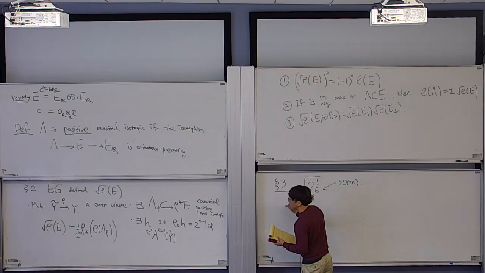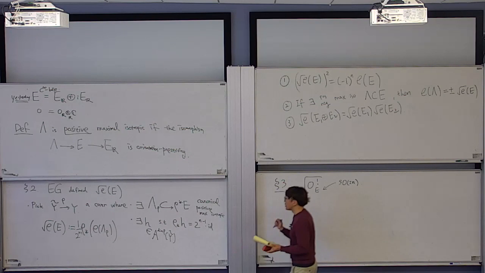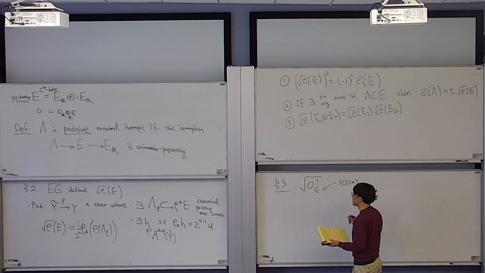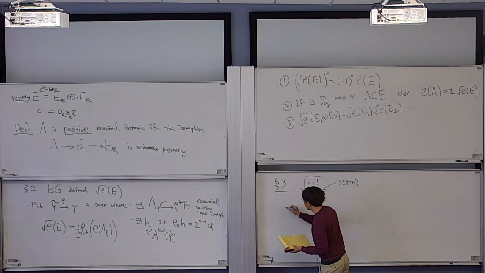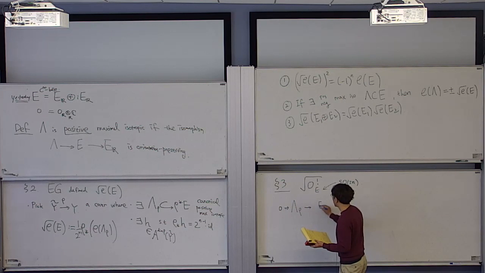First of all, since we have this cover where there always exists this canonical maximal isotropic subbundle, we have this exact sequence.